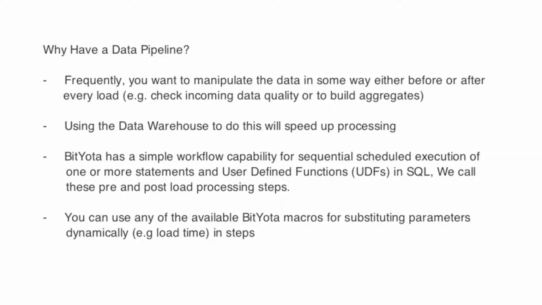You don't need to know another programming language like Java. Secondly, because you're using the database's parallel architecture, your transforms get speeded up, meaning they work in bulk on the entire data being loaded instead of record by record. So this speeds up your pipeline processing as well.